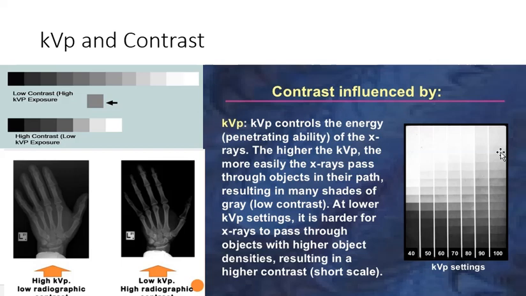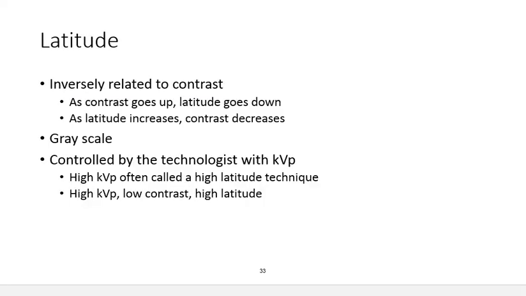You're still going to be okay. If you increase your kVp, you're still going to be okay. Whereas at 40 kVp, you're just at the threshold of being able to penetrate certain steps on the step wedge. So kVp not only describes the latitude and the contrast, but also the latitude in your ability to penetrate different tissues, and the latitude that you're afforded in selecting your technique.